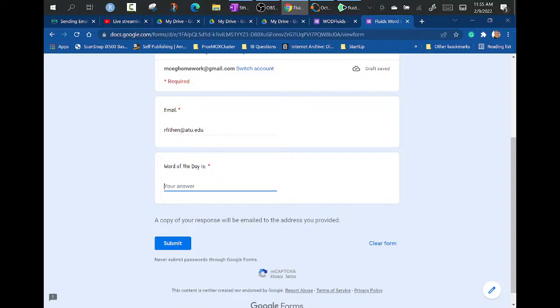Let's see, what's a good word? Black bear. How about that? All one word, with no space in it.